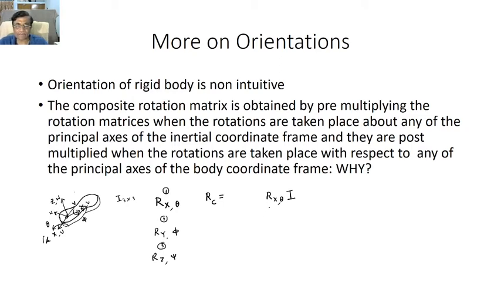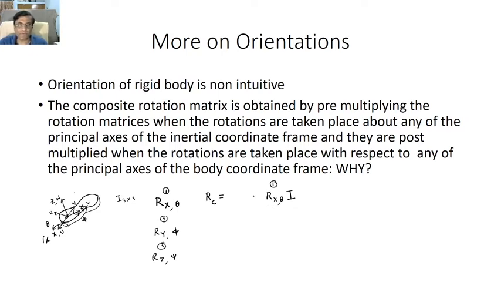I'm not writing the 3 cross 3 matrix because you already know we have deduced the nature of this matrix when it is rotated about the x-axis by an amount theta. So this is good enough, and for compact writing I am writing it here. This becomes my description of the body after the first operation.